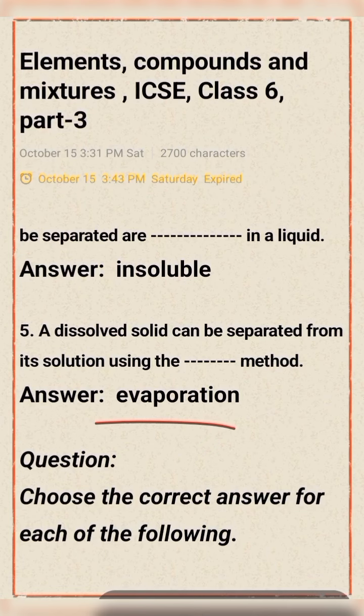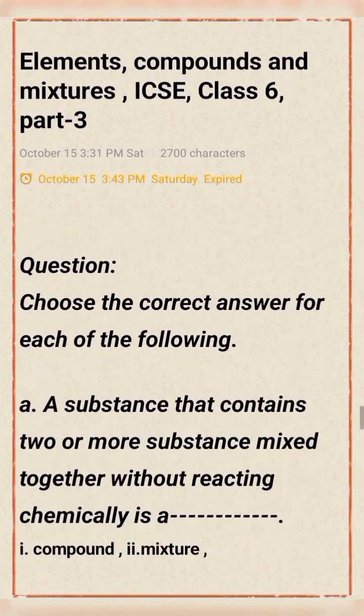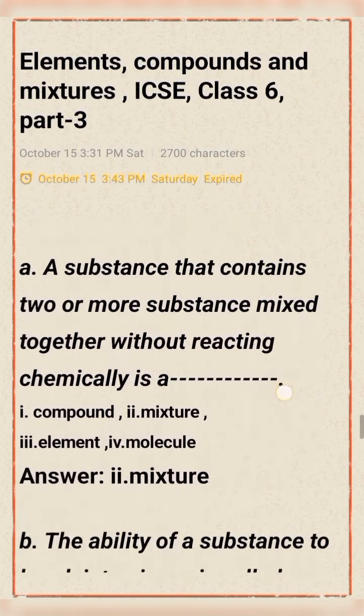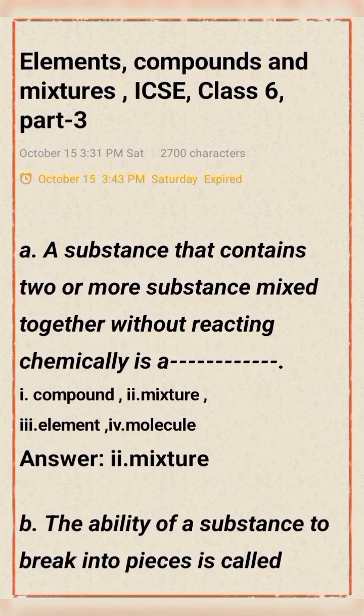Next question type. Choose the correct answer for each of the following. First, question number A. A substance that contains two or more substances mixed together without reacting chemically is a, option A, compound, option B, mixture, option 3, element, option 4, molecule.